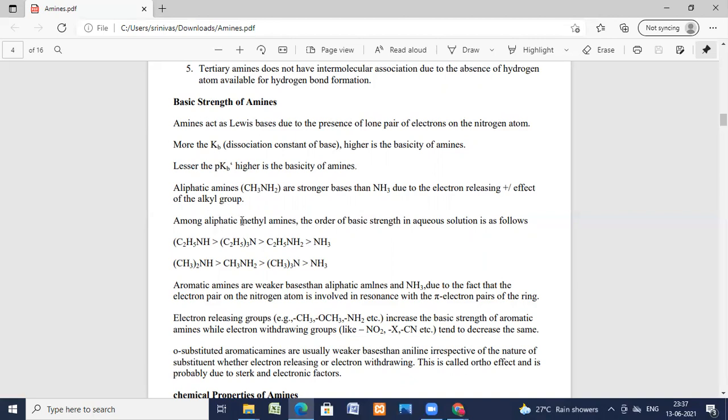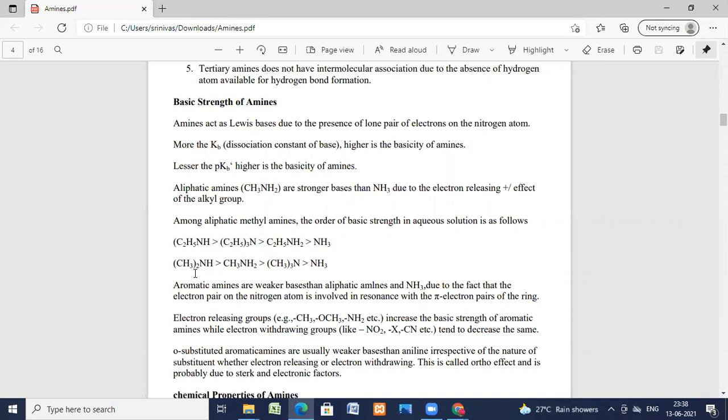Among aliphatic methylamines, the order of basic strength in aqueous solution is as follows. First the secondary amine, then the tertiary, then the primary, and then ammonia.